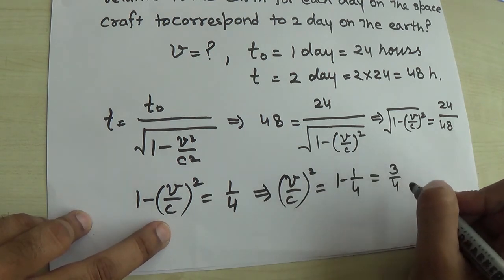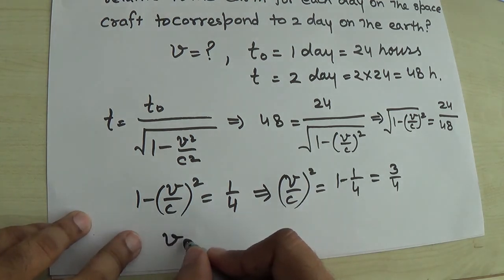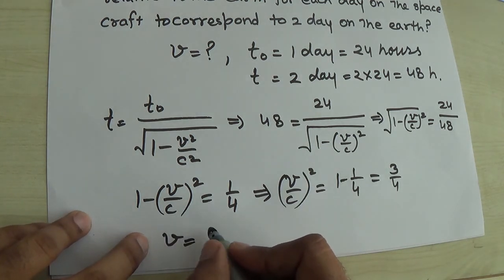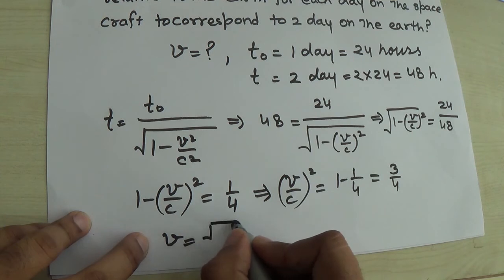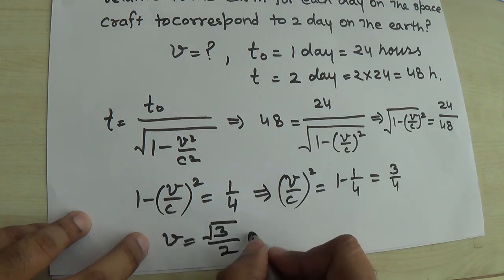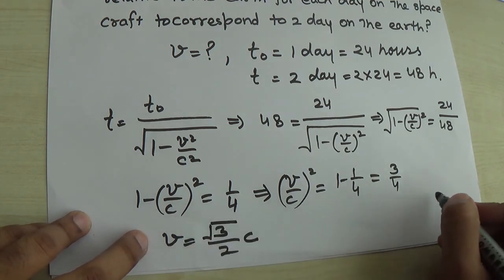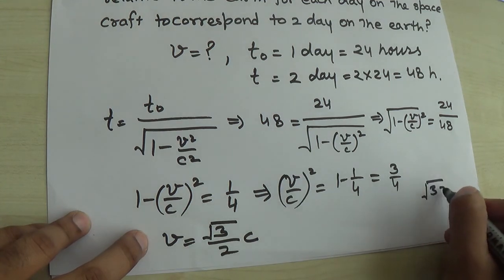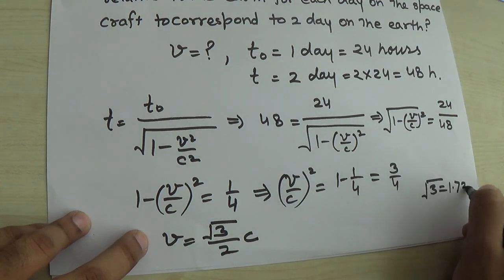So you can say that V is equal to square root 3 by 2 C, and square root 3 you know, that is 1.732.